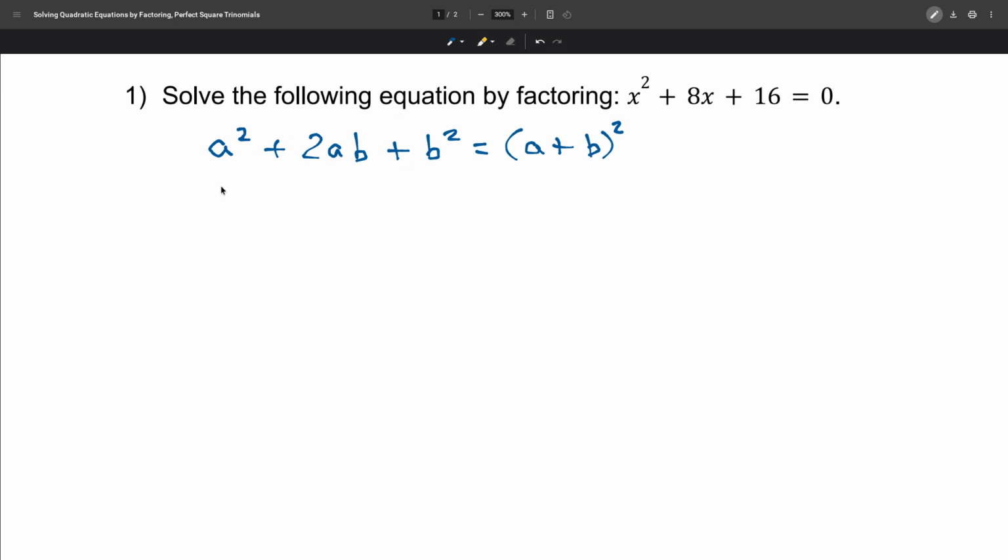You'll also see a pattern of a squared minus 2ab plus b squared, and that'll follow a pattern of (a minus b) squared.